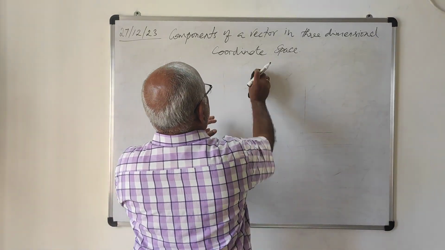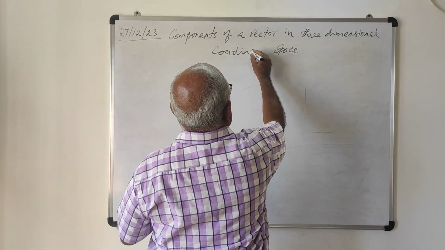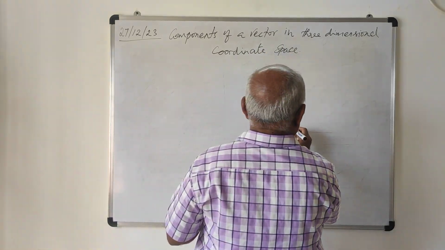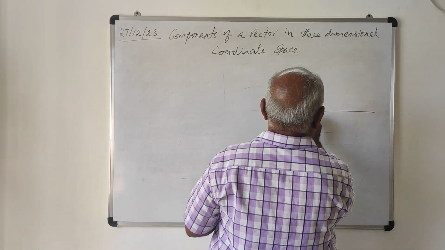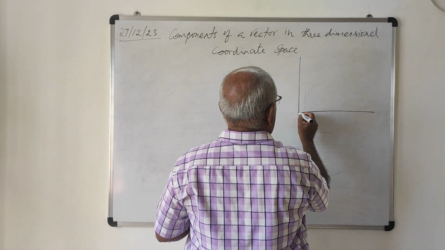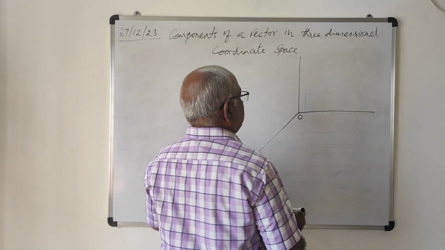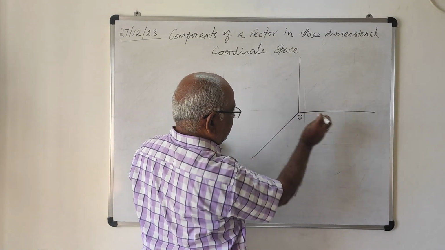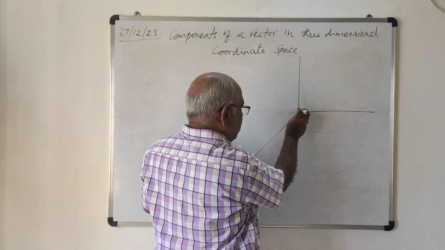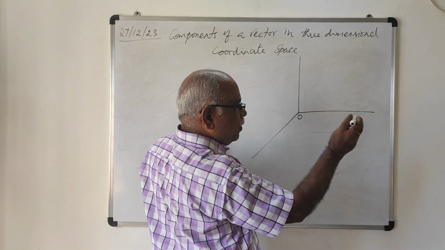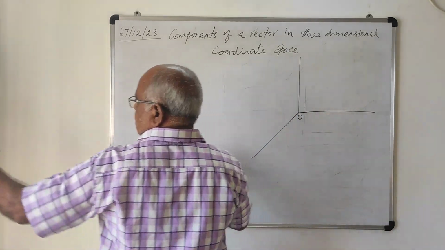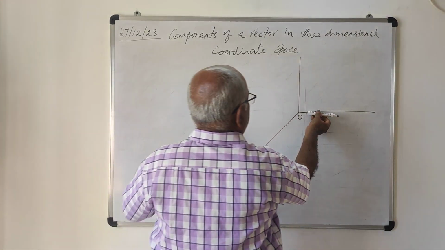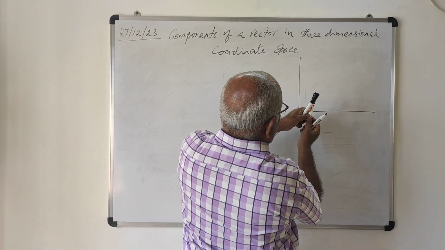See, OX. This you consider as the origin. The third coordinate you have to draw like this. In the plane you cannot draw three mutually perpendicular axes. One is the x-axis, another is the y-axis, and the third one is the z-axis.